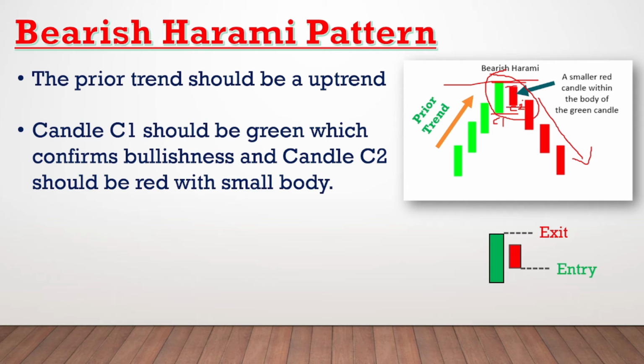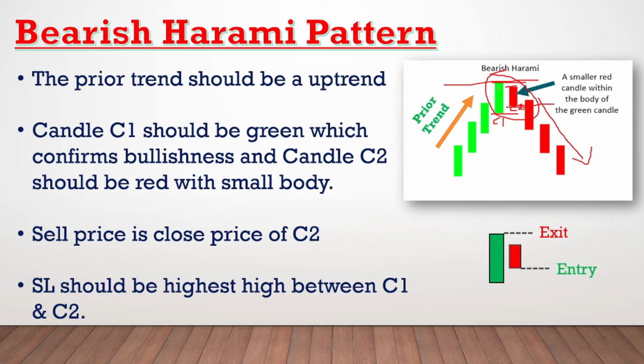If I want to take a position based on the bearish Harami pattern, my sell price should be the close price of C2. At this price point, I can take the trade, keeping my stop loss at the highest high between candles C1 and C2. This is how one can take a position if we notice a bearish Harami pattern on the chart. If we see a bullish Harami pattern, we can look for long opportunities.